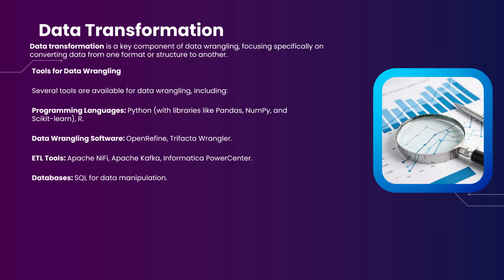These are much more data engineering tools. And then databases, you can also learn SQL for data manipulation. So these are some of the tools, not all the tools, for data transformation. Basically, working on the data to suit how you want the data to be or to suit your specifications.